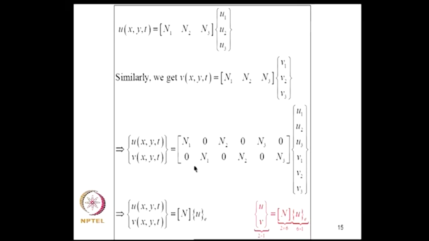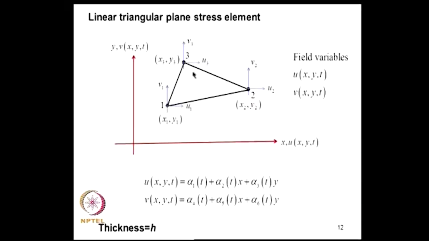I will write this in a compact notation: the vector of u and v as N into u^e, where e means element. So, uv is 2 cross 1, u^e is 6 cross 1, and N is 2 cross 6. This element has 3 nodes and 6 degrees of freedom. The degrees of freedom are u1 v1, u2 v2, u3 v3.